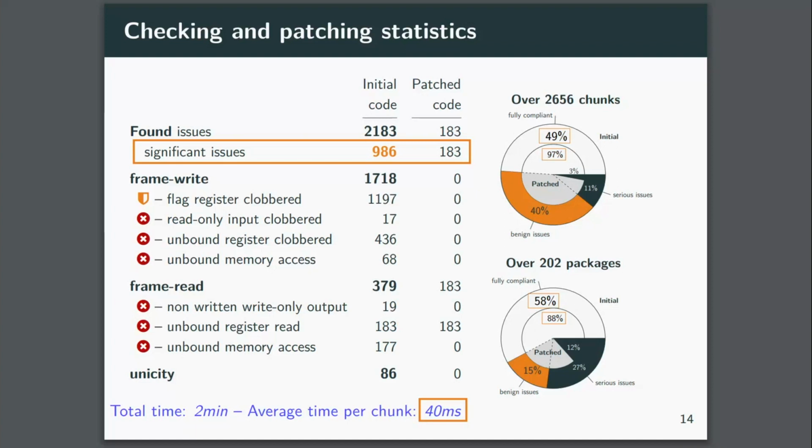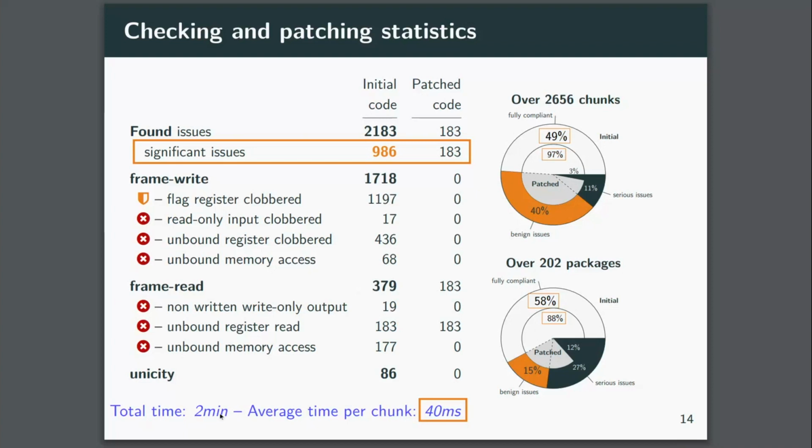So in fact, most of the errors are that the assembly chunk writes inside a location without the compiler being aware. And the others are about locations that are read without being declared, and some unicity issues.